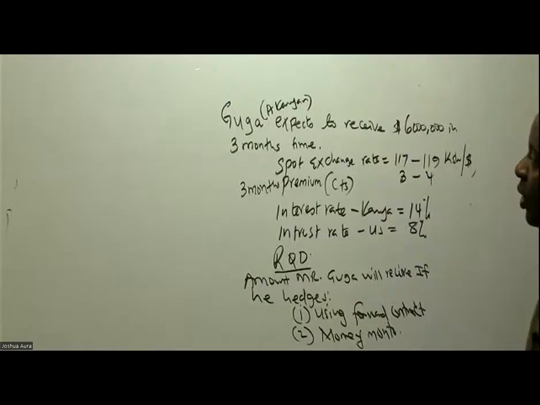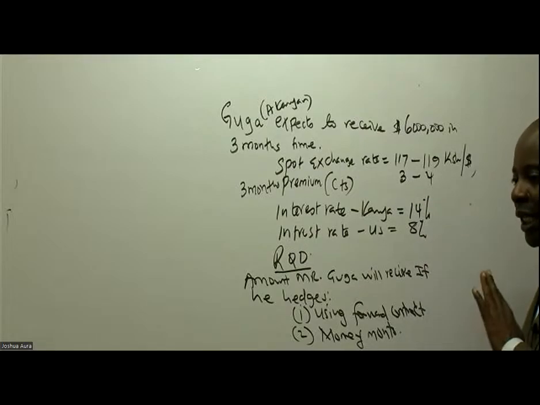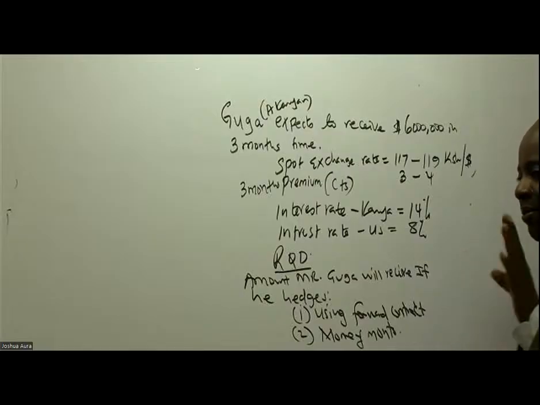We have Mr. Guga, who is a Kenyan, who is expecting to receive some foreign currency in 3 months' time. They have given us the spot exchange rate, 117 to 119 Kenya shillings per dollar. Then they have given us 3 months premium in cents. Anytime they give us cents, always remember that you have to divide them by 100.